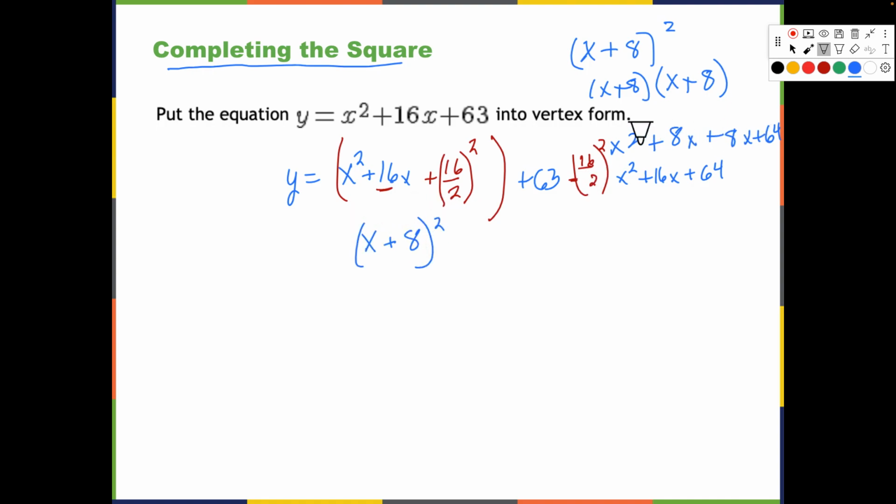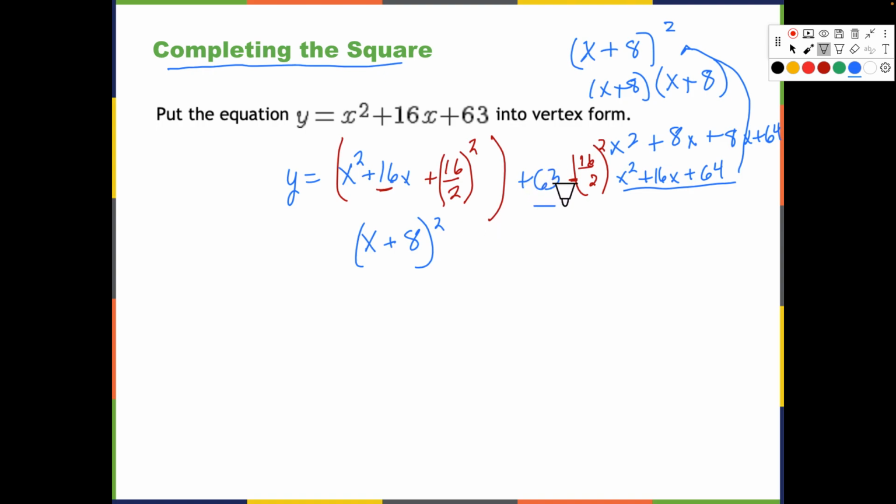And I mean, we just did that up here. x squared plus 16x plus 64 factors into x plus 8 squared. If we were to reverse this, we would get x plus 8 squared. Okay? So just remember, it's completing the square. We'll do it again. But this part becomes x plus 8 squared.